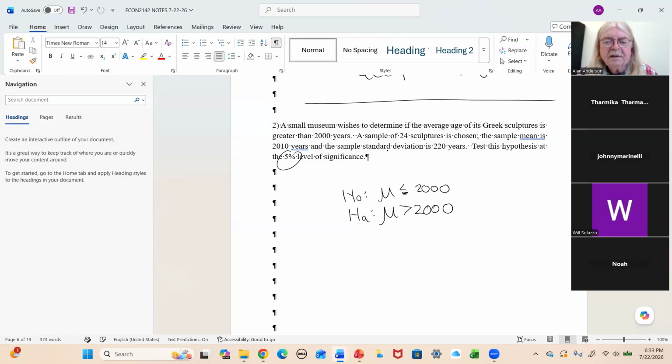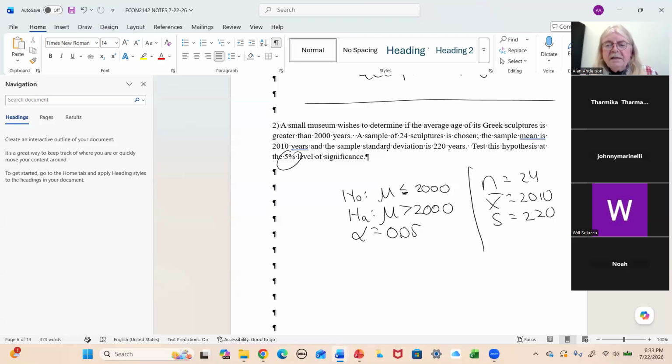Test this at the 5% level. On the side, we'll put some of our data. We have 24 sculptures. The mean is 2010. And the sample standard deviation is 220.